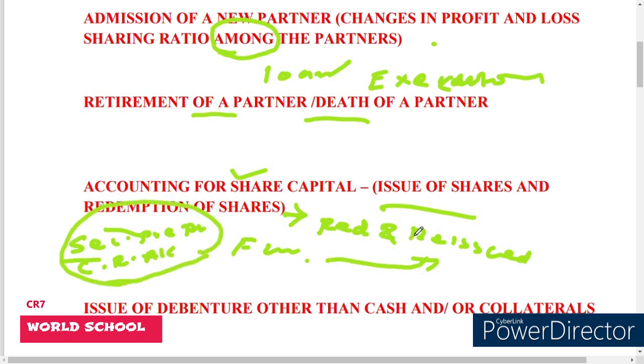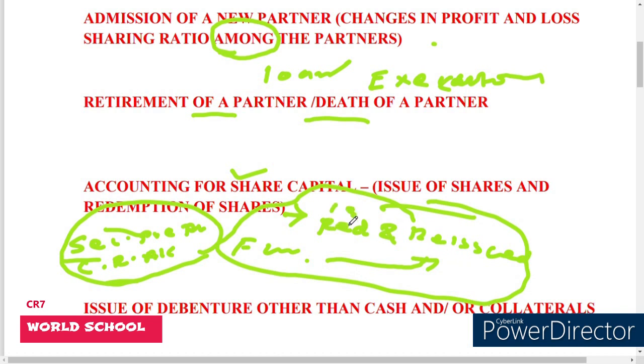Otherwise, most probably there is a 90% chance of asking from this area, like issue and redemption, or forfeiture and reissue. But definitely one question will come from this chapter, accounting for share capital. Very important and very easy chapter, even only journal entries will come in that chapter, but working notes are mandatory. Don't forget to write the working notes.